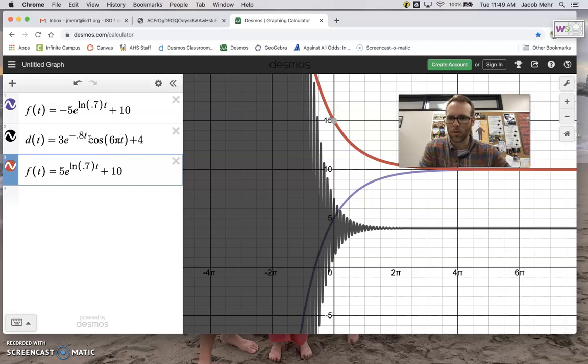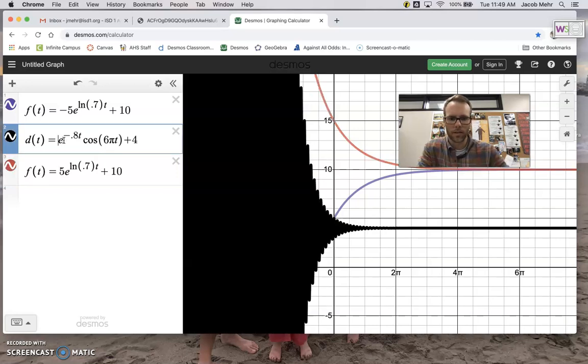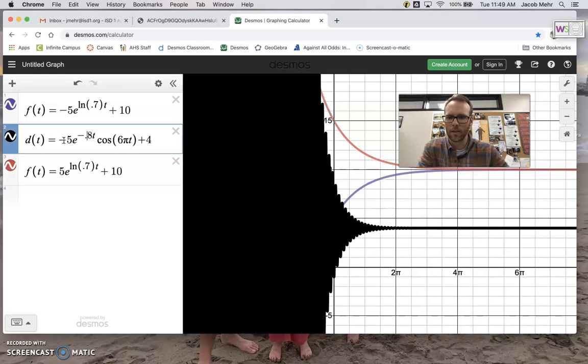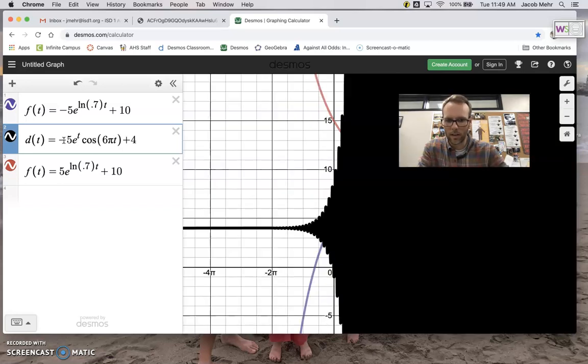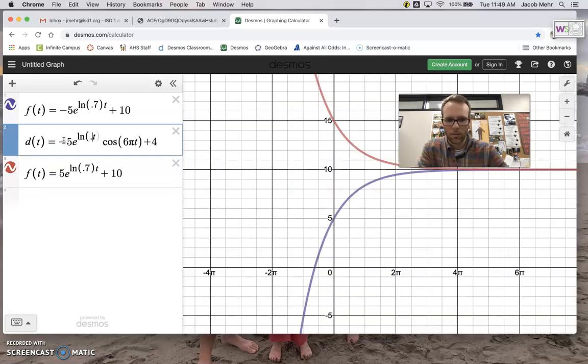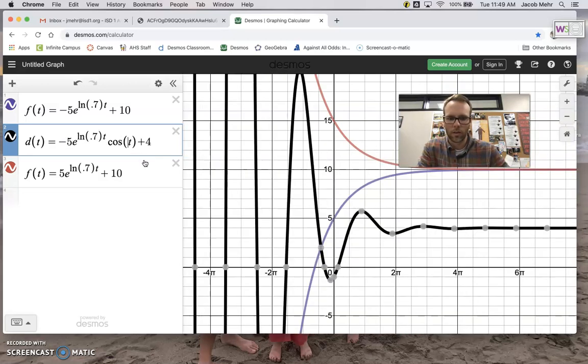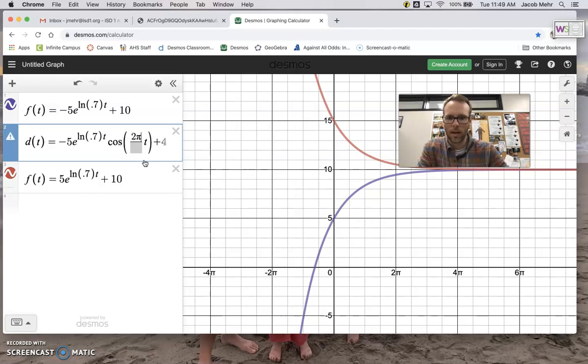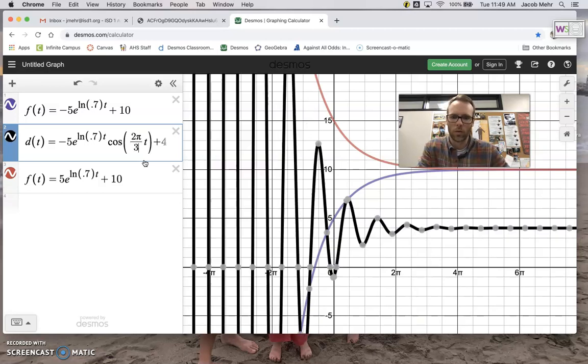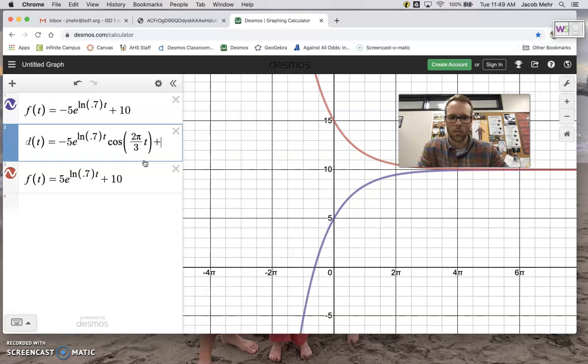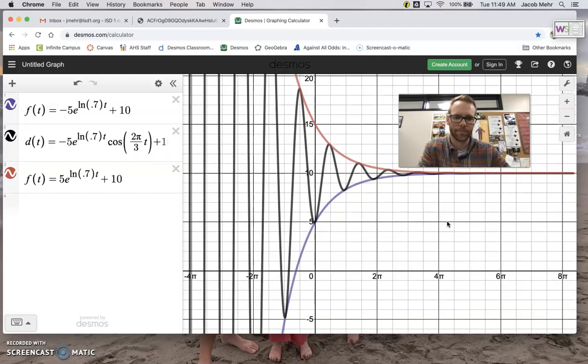And now I will put the -5 e to the natural log 0.7 times t cosine of, what did we have here? We had 2 pi over 3, and then we're going to move it up 10.